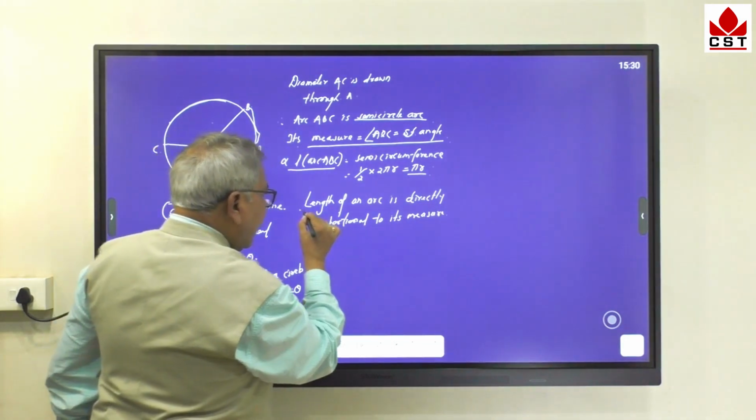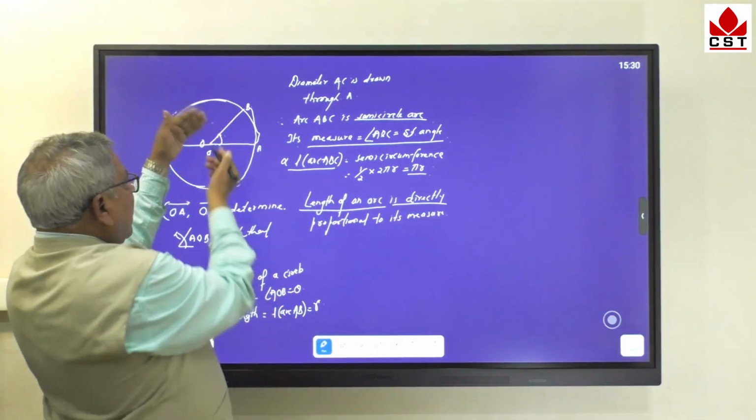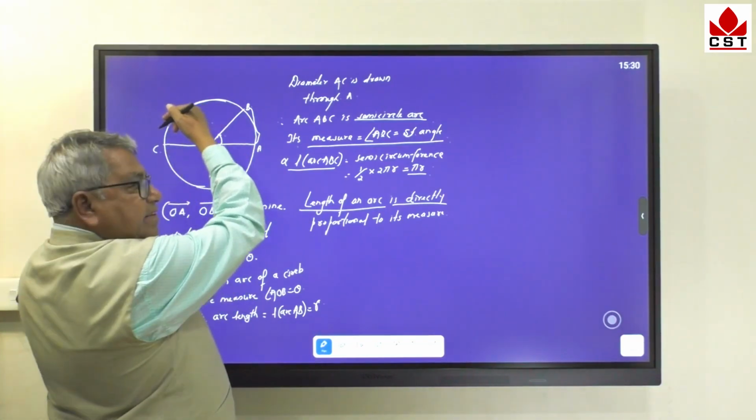Am I right? As the length of an arc increases, its measure also increases.